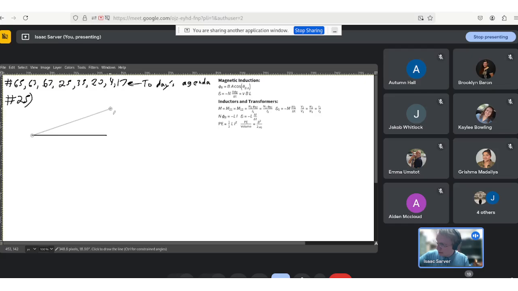Right about, close enough. Boom, 19-ish degrees. And then we have a copper rod. Let's make a straight line. Good enough.